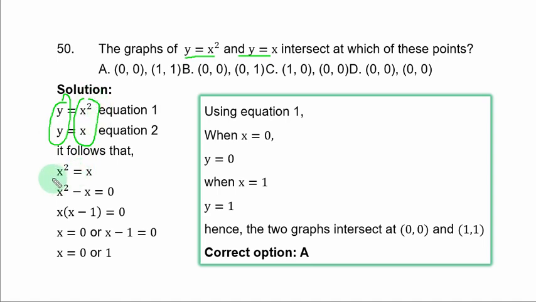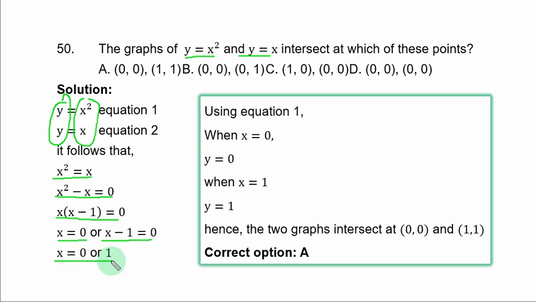That is s squared equal to s. If you rearrange, you have s squared minus s equal to 0. You factor out s, you have s bracket open, s minus 1 bracket close equal to 0. If you equate each factor to 0, you have s equal to 0 or s minus 1 equal to 0. Therefore, s is equal to 0 or 1.